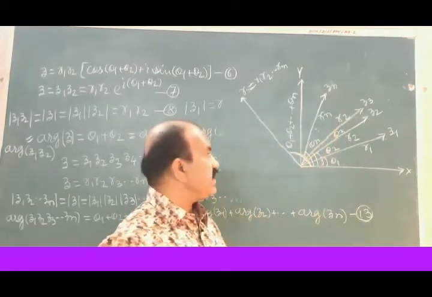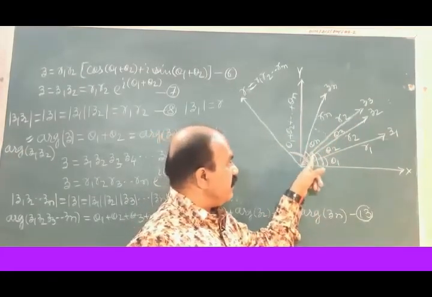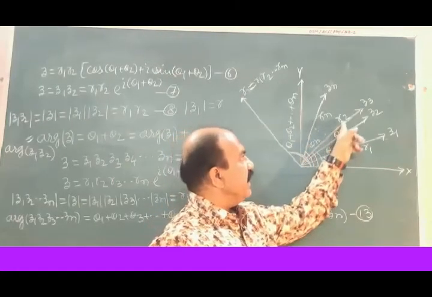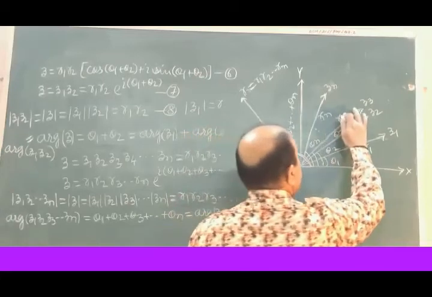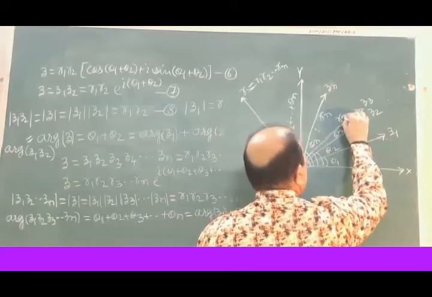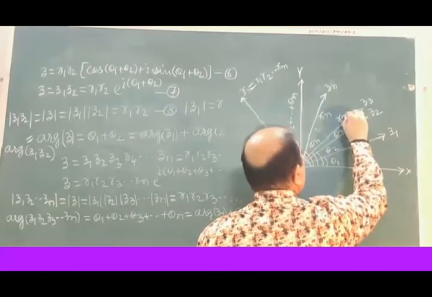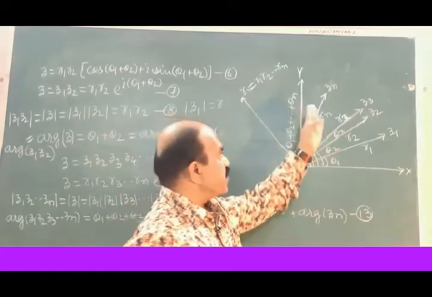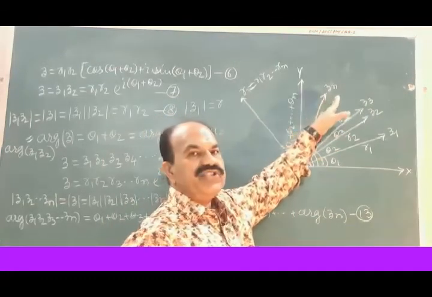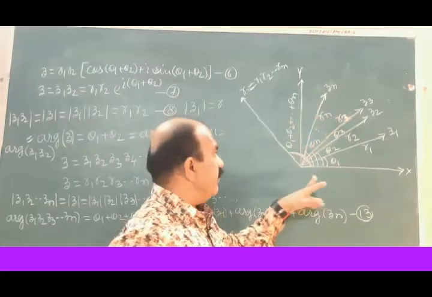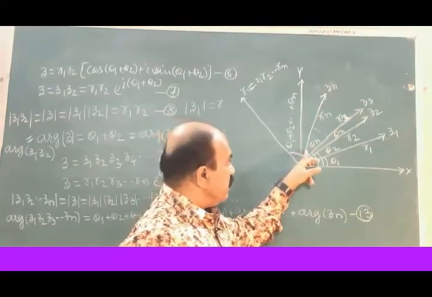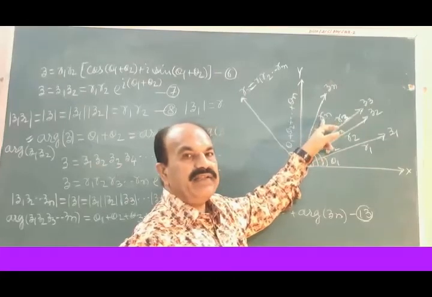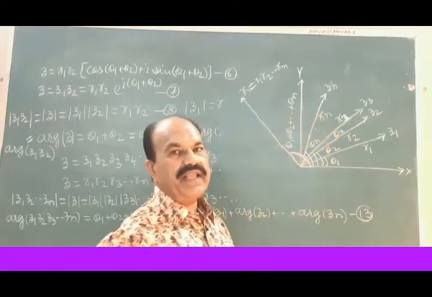Z3 is the third complex number with argument theta 3 and modulus R3, and so on. Zn is the nth complex number with argument theta n and modulus Rn.